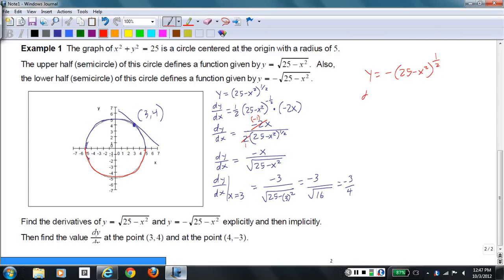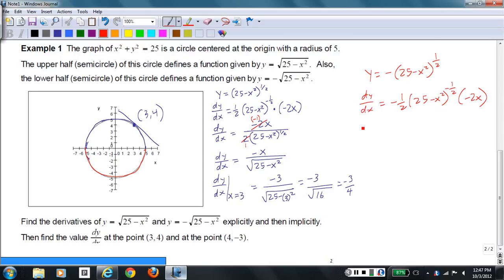So dy/dx equals negative 1/2 times 25 minus x squared to the negative 1/2 times the derivative of what's inside the parentheses. And incidentally, here's where you want to use the constant multiple rule. We know the derivative of the square root of 25 minus x squared. The derivative of negative 1 times that should be negative 1 times the derivative we just found. We'll double check at the end.